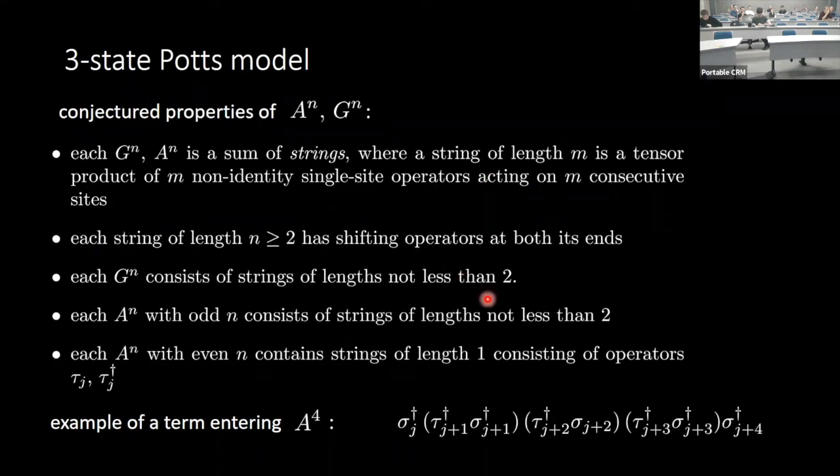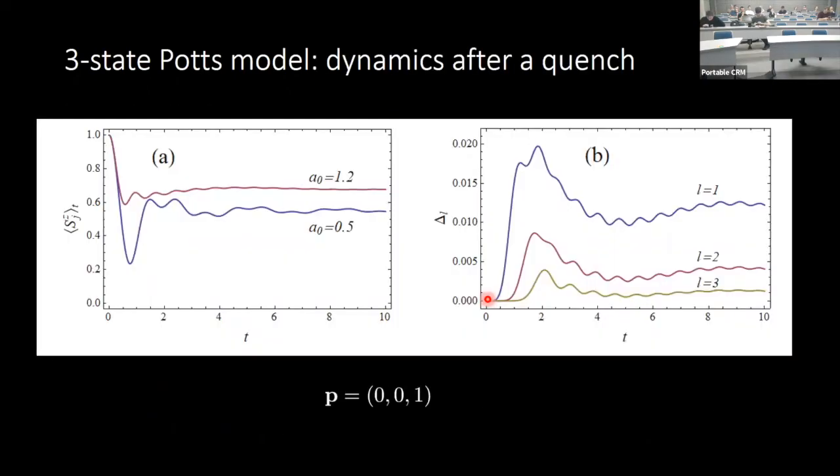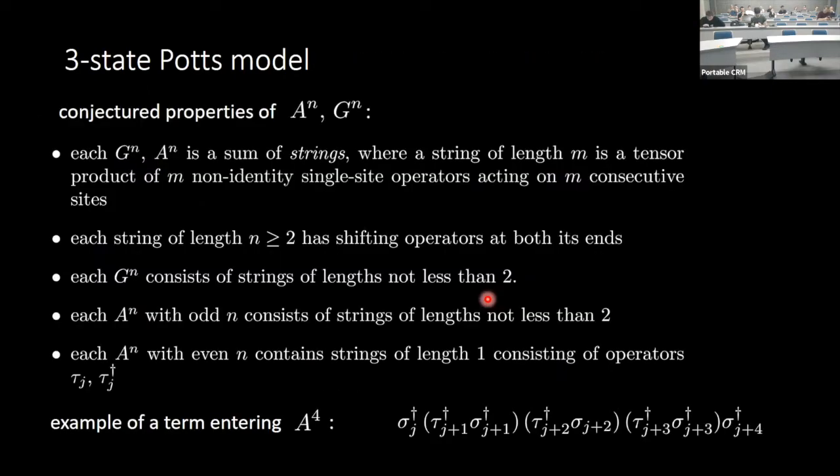The properties have been checked for n up to 8 by performing direct calculations. And although I don't show it, these properties are instrumental for calculating the traces for the initial state with this AN and GN.